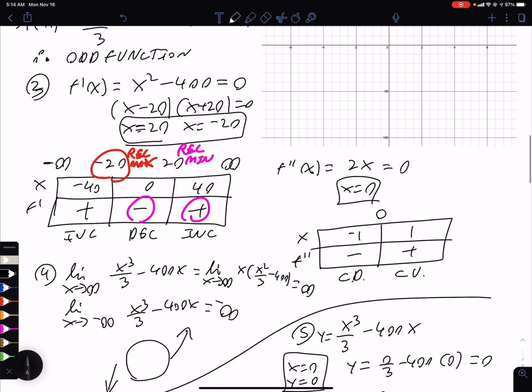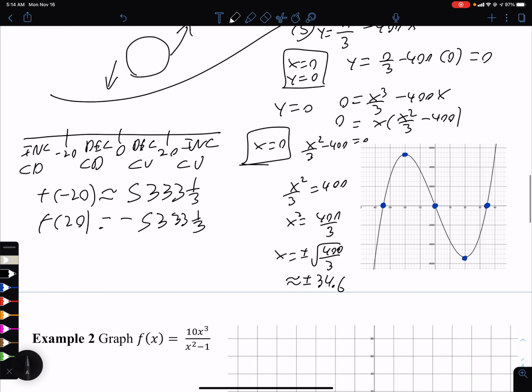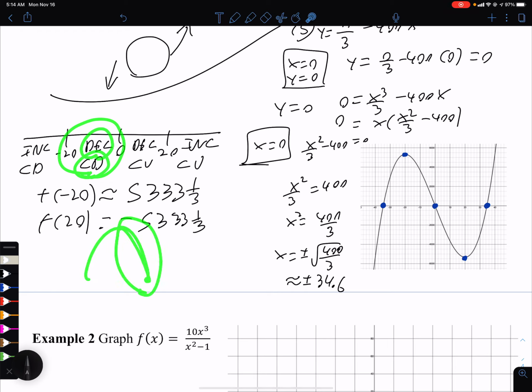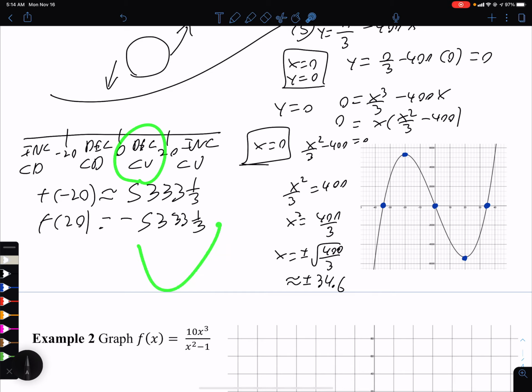Okay, between negative 20 and 0, it's concave down and decreasing. Concave down looks like that. Decreasing is that portion, so it looks like that, and that's how we get that part of the graph. And then between 0 and 20, it's decreasing and concave up. Well, here's concave up. What's decreasing? That's decreasing, so it looks like that from 0 to 20.